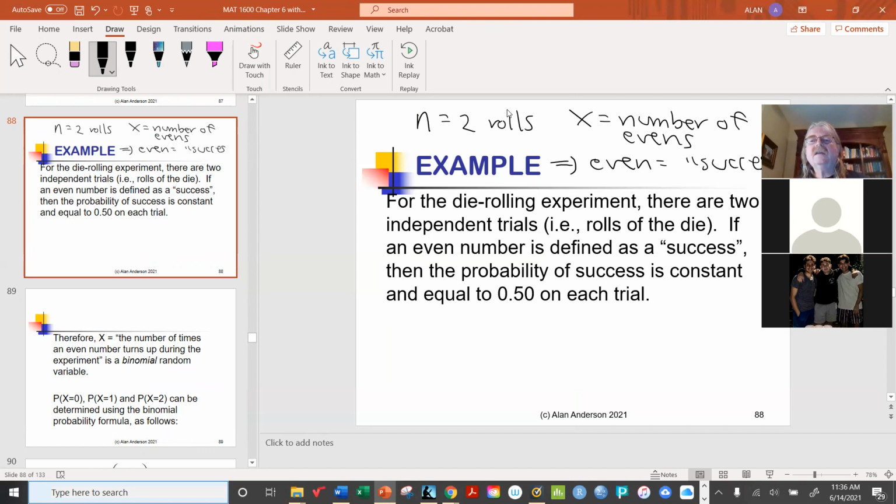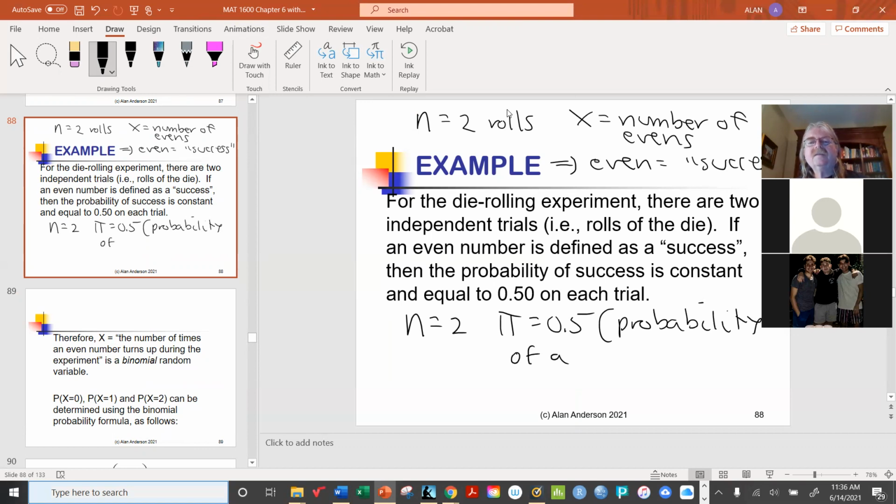So what that tells me is that pi is 0.5, because this is the probability of a success, or in this case, an even number.